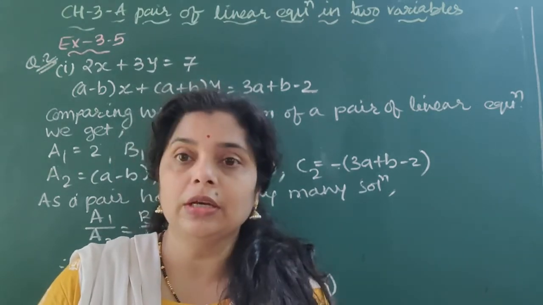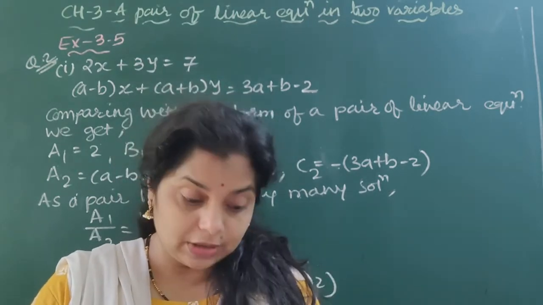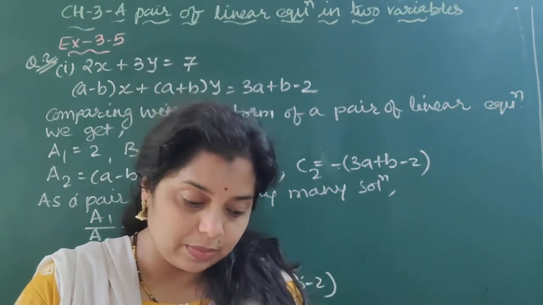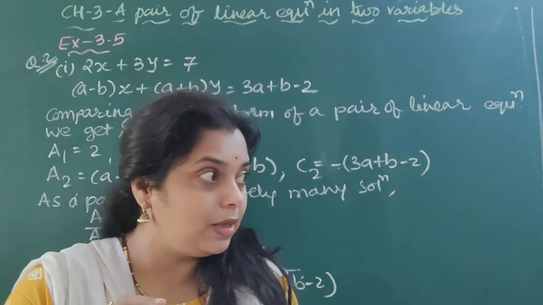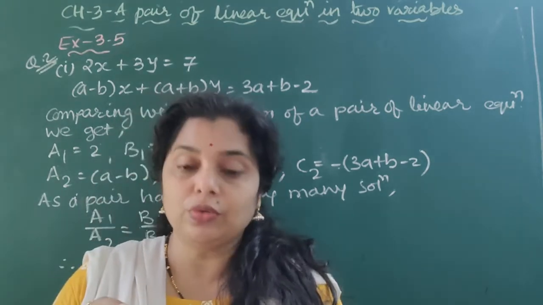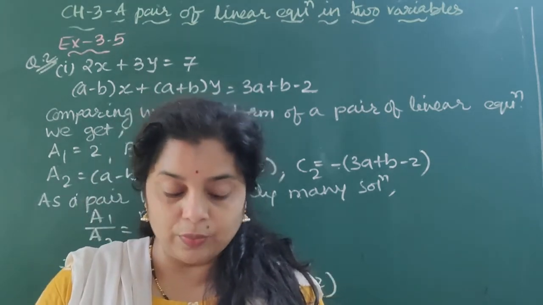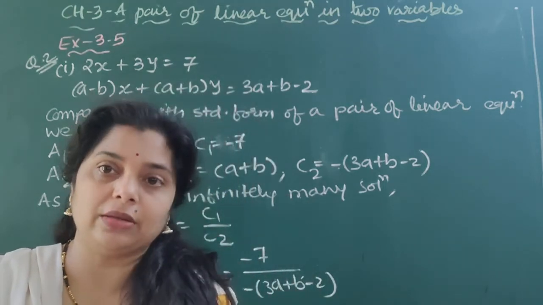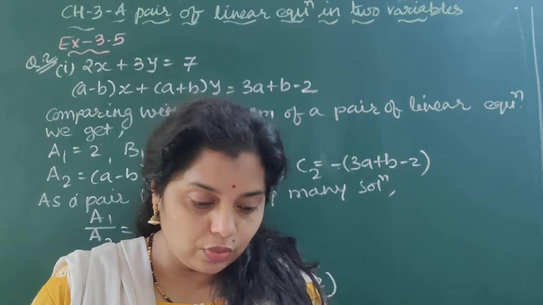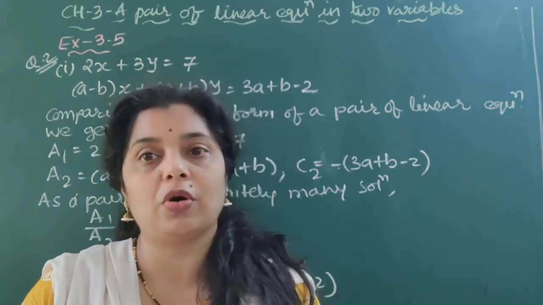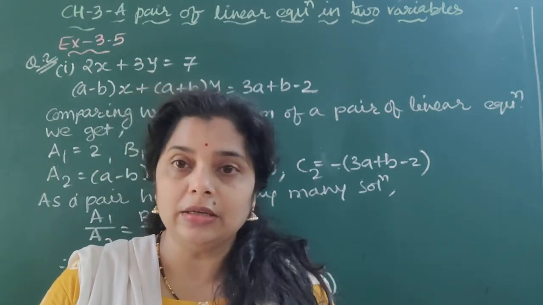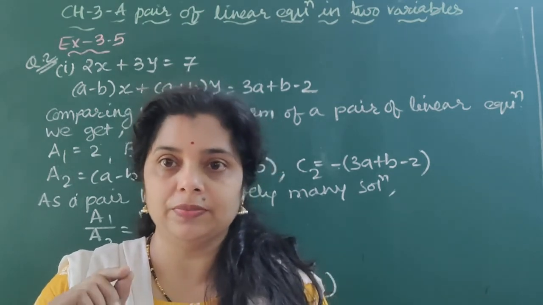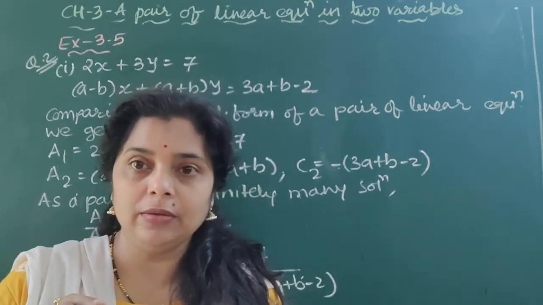Here, if you see the pair of linear equations, the second equation is (a minus b) into x plus (a plus b) into y is equal to 3a plus b minus 2. So here we have to use the cross multiplication method to find the values of small a and small b, as the coefficients are not directly given. Are you getting me? Is it clear?